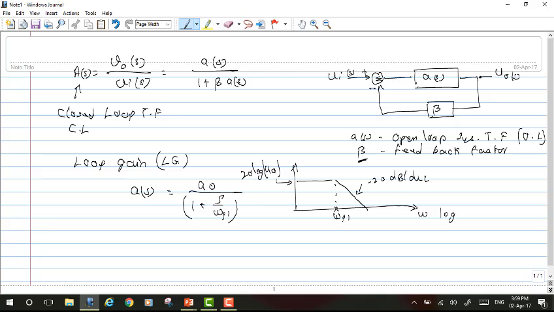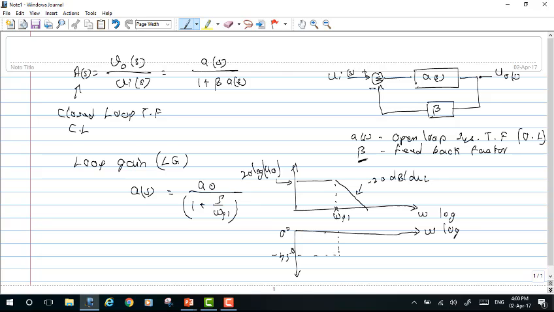And I also want to emphasize how the phase would change whenever there is a pole in my system. So this is again the same log scale of omega, and since a pole will introduce a phase shift of minus 90 degrees, I start with 0 degrees, and what we know is at this particular pole I will have a phase change of 45 degrees, right?